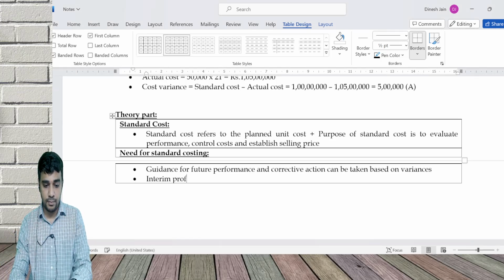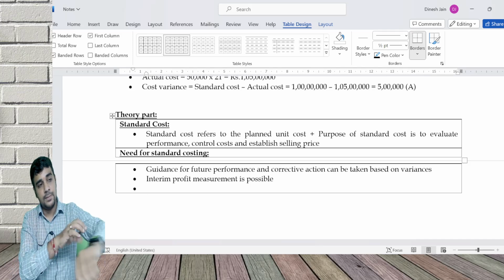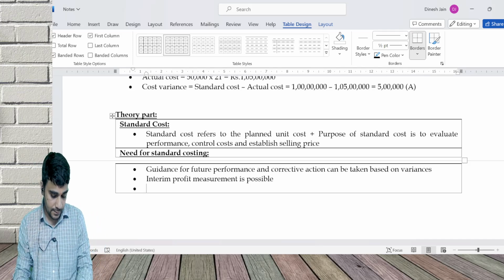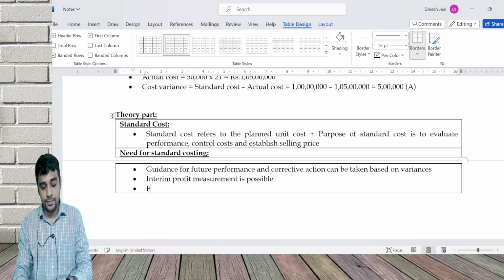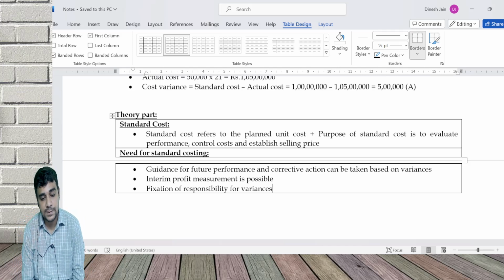Interim profit measurement is possible. Fixation of responsibility for variances.